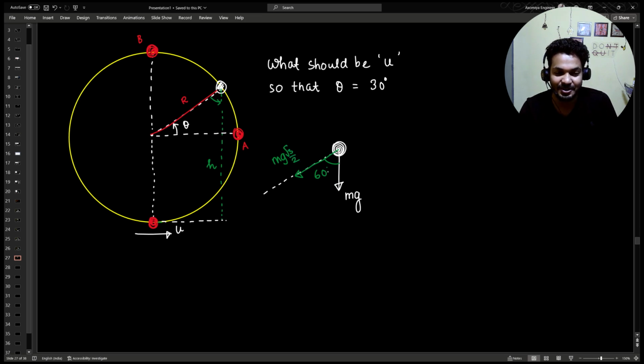So if the angle here is 30 degrees, then right here this angle is going to be 60 degrees. So the component of mg is going to be mg root 3 by 2. However, this force is going to create a centripetal force that is equal to mv square by r. So from NLM, mg root 3 by 2 will be equal to mv square by r. Multiply this whole thing with r and divide by 2.